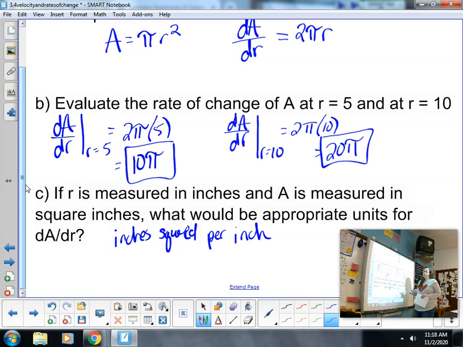This would not be appropriate to reduce because you actually have inches squared per inch as a fraction. It would not be appropriate to reduce that to just be inches because you do have to have something per something because it is a rate. This dA/dr is a rate of change, so inches squared per inch would be the proper way to express the measurement. So the rate of change at 5 is going to be 10 pi inches squared per inch, and at 10 is going to be 20 pi inches squared per inch.